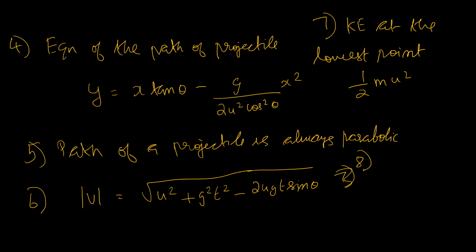Eighth one, linear momentum at the lowest point. Linear momentum at the lowest point is equal to m u.